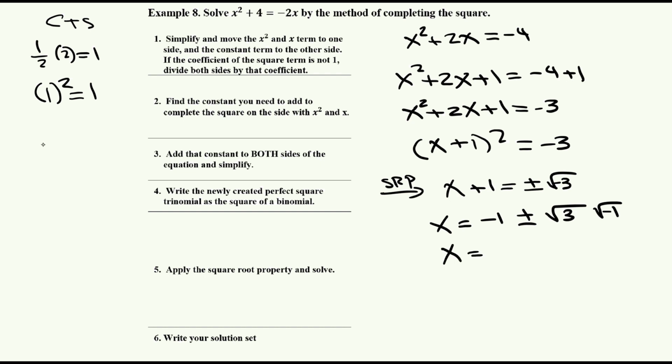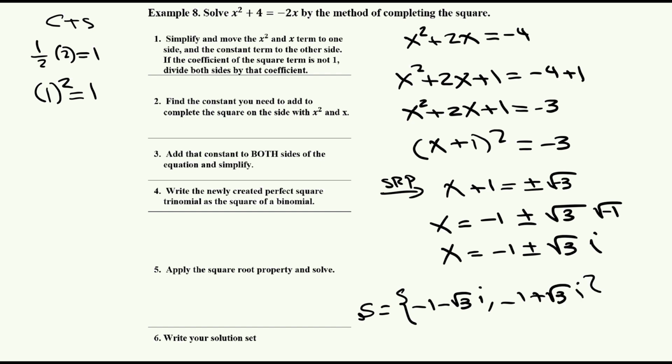We always want to replace square root of -1 with i. So you can see we have two solutions. One is -1 minus square root of 3i, and the other one is -1 plus square root of 3i.